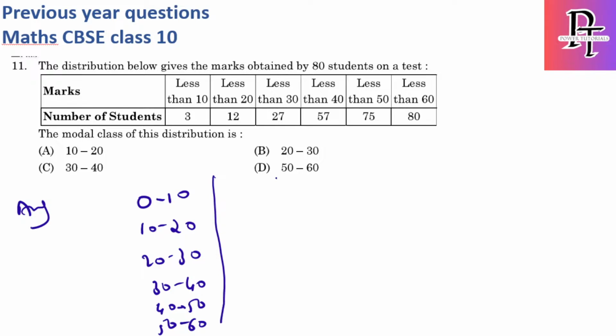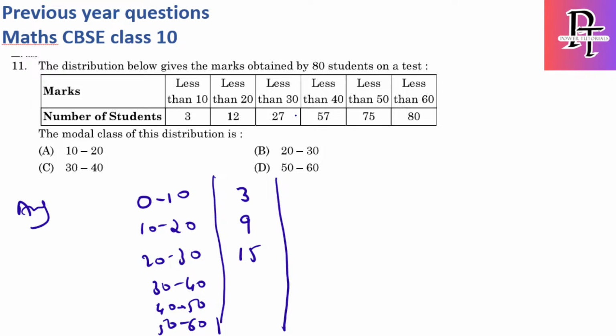Okay, now let's write it separately. 0 to 10, less than 10 only, directly 3. Less than 20 it is 12, but for 0 to 10 already 3 is covered, so 10 to 20 will be 9. Same way, less than 30 is 27, but less than 20 is 12, so it should be 15.